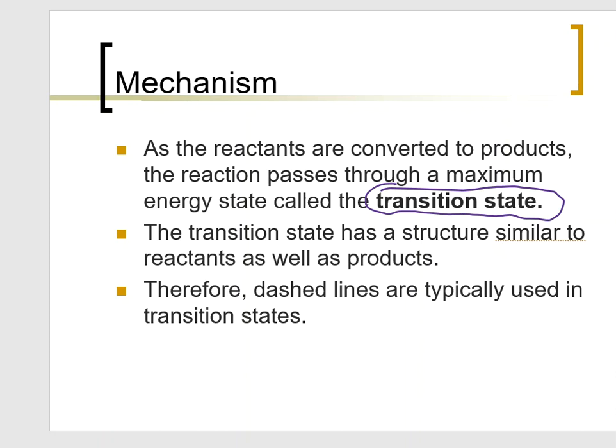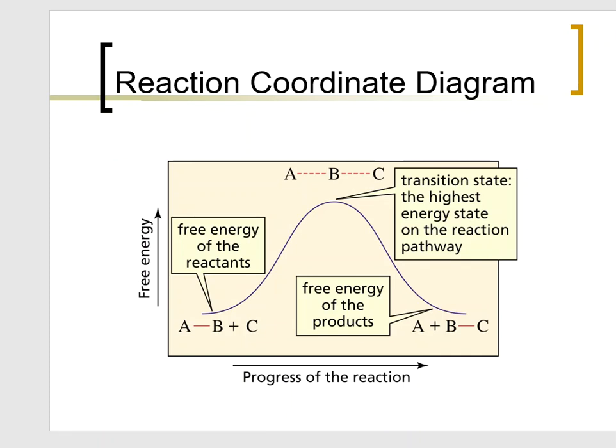So reactants change into products, and the transition state represents that midway line. It's not quite reagents. It's not quite yet product. It's somewhere in the middle, and it's really a blend of both of these together. What this basically boils down to is a diagram that looks like this. You probably saw these in general chemistry when you took that class.